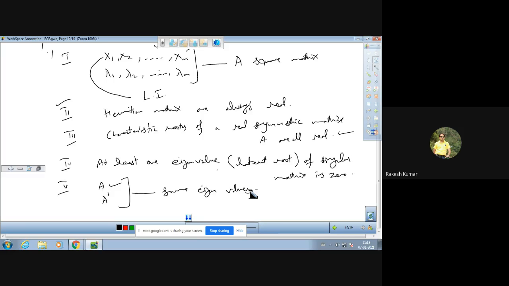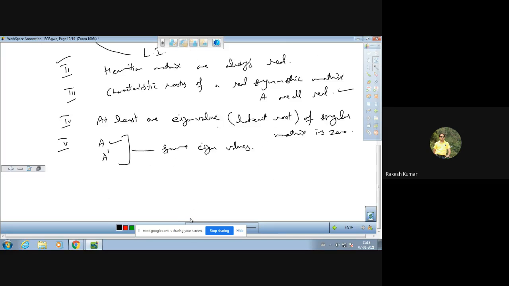Remember that. अगर हम कोई A मैट्रिक्स है उसकी eigenvalues फाइंड करें और अगर हम उसका ट्रांसपोज लें A का फिर उसकी eigenvalues फाइंड करें तो वो eigenvalues हमेशा सेम होंगे. Remember that. So these are some of the few properties which we have to remember.